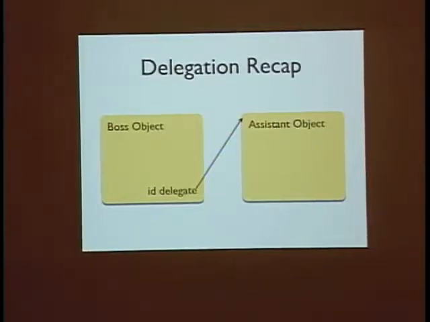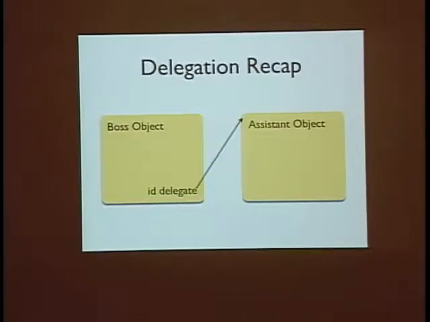In this case, if we look at this boss object, we see that it has a variable I've declared there, id delegate. And I've mentioned this a few times now, but id basically is just a generic type, so it could be anything. So in this case, our delegate happens to point to this assistant object.